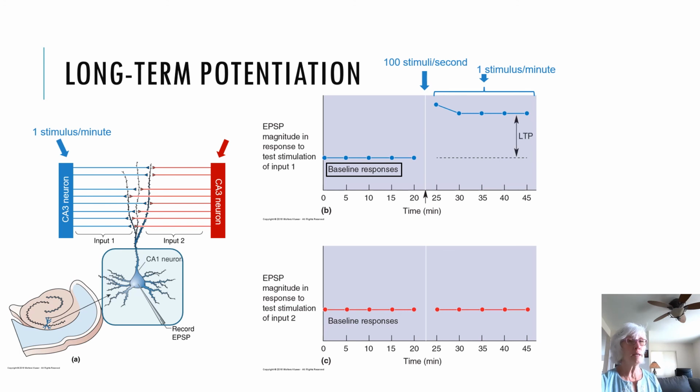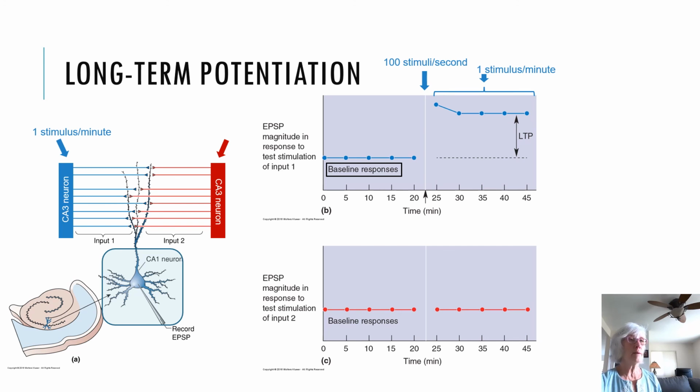We call this long-term potentiation, or LTP. Long-term potentiation simply means that the CA1 cell is responding to a greater degree to the same amount of stimulus as a result of that rapid high frequency stimulus that came for just a short period of time.